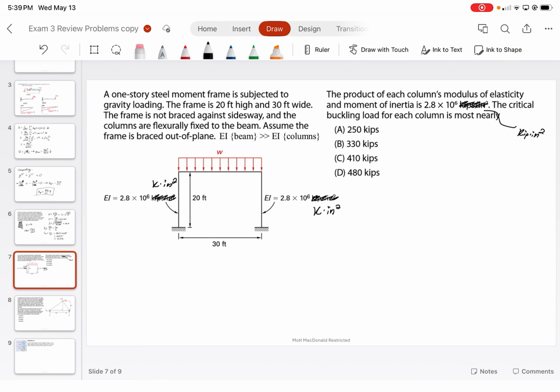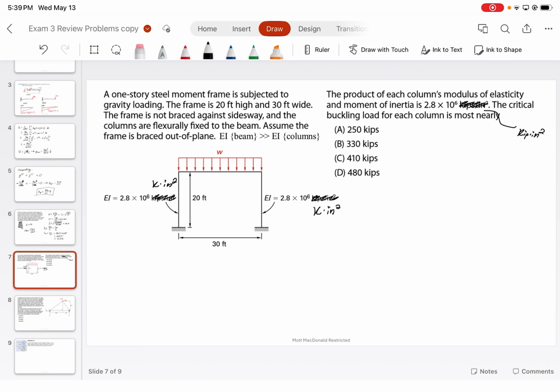It's kip inches squared because the units of the elastic modulus are kips per square inch, and then I is inches to the fourth. So it just happens to be kip inches squared. All right, so take a few minutes to try and solve it, and then I want to see what you guys end up with.